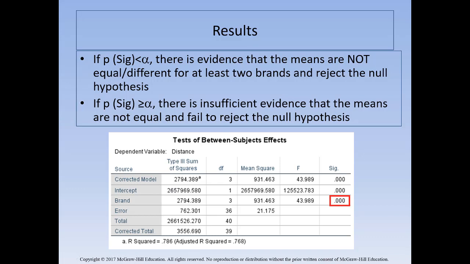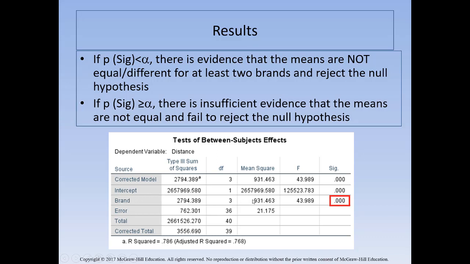Now be very careful here, because this technique in SPSS can do lots of different things. Basically, this gives the corrected model, if you go back to your business stats, this gives the total sum of squares for your ANOVA table.